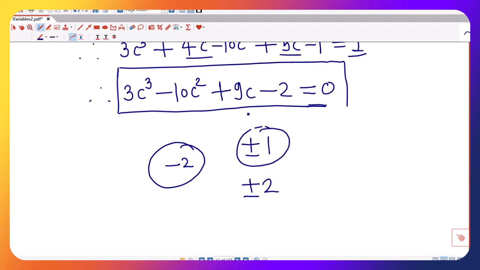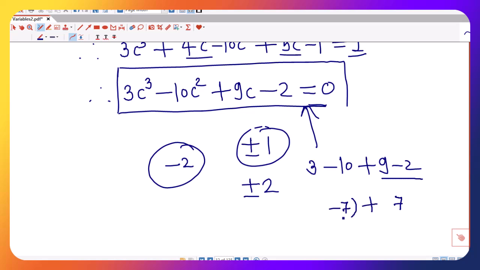We check whether c equal to 1 satisfies this equation or not. If I put c equal to 1 in the left hand side of this equation, I will have 3 minus 10 plus 9 minus 2. So 9 minus 2 is 7, and here I will get minus 7, that is 0. This means c equal to 1 satisfies this polynomial equation.